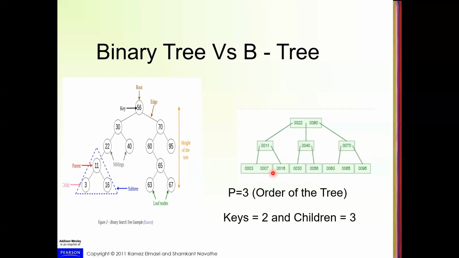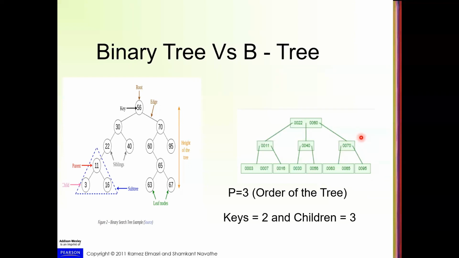If you look at their structure, the root has more than one key, which is allowed in B trees, and it has some children, and all the children at the first level have an equal number of children. For example, this node has two children, this internal node again has two children, and this internal node again has two children. It is not allowed to have an unequal number of children. This is how the balance is maintained.